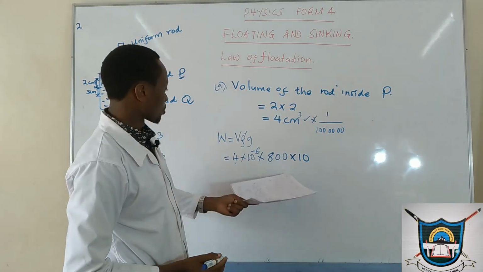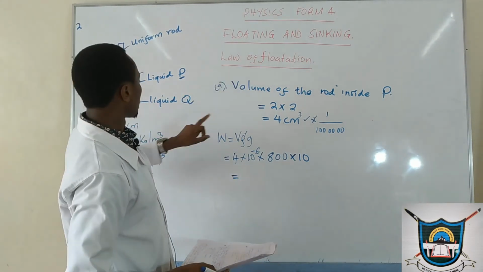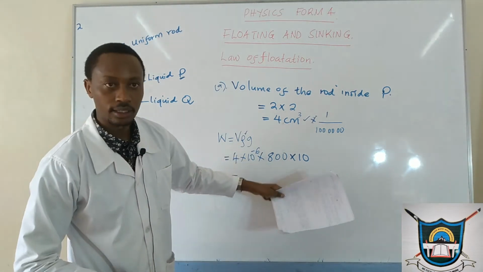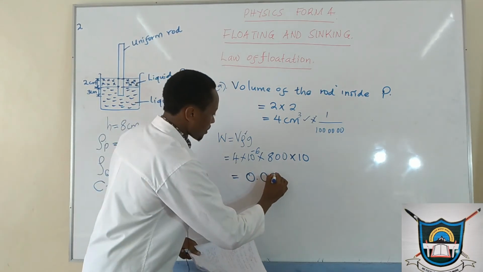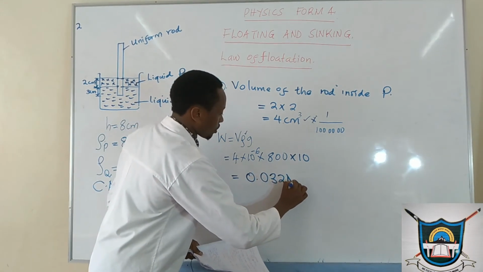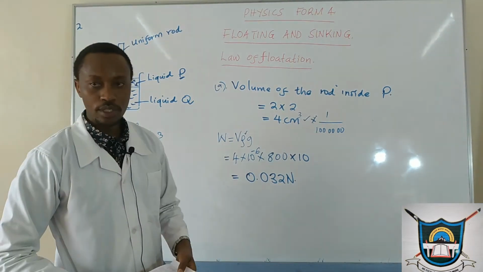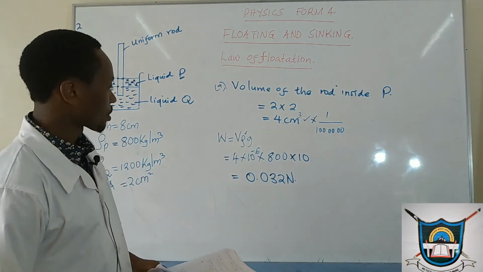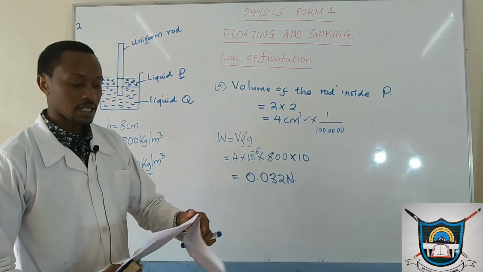When we multiply this using a calculator, we get that the weight of liquid P which is displaced is 0.032 newtons. So that is the weight of liquid P which is displaced.